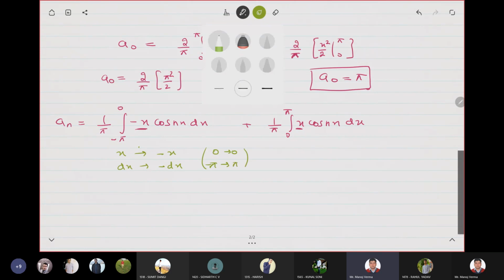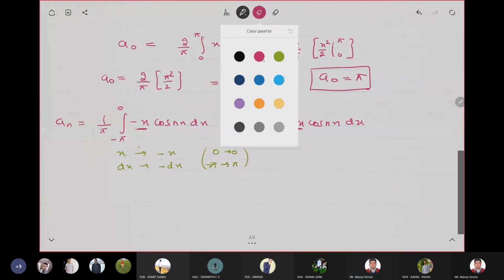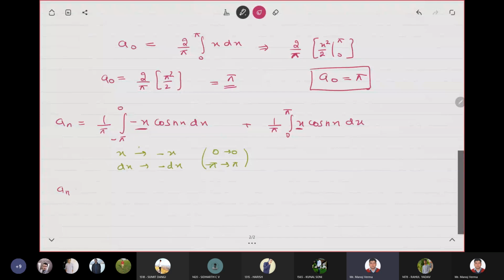So this first integral will become an is equal to 1 over pi, to 0, minus into minus x, that will be plus x, cos n into minus x. But this minus will be absorbed by the cos and the minus dx. And the second integral is as it is.